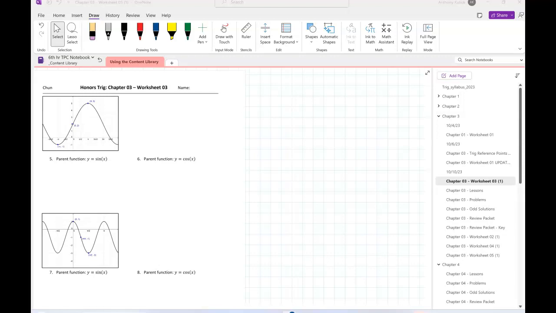For next Sunday, this worksheet 3 is going to go in there. And then anything else we get assigned next week on Tuesday would also go in there. Okay? So far, so good? Okie dokes.